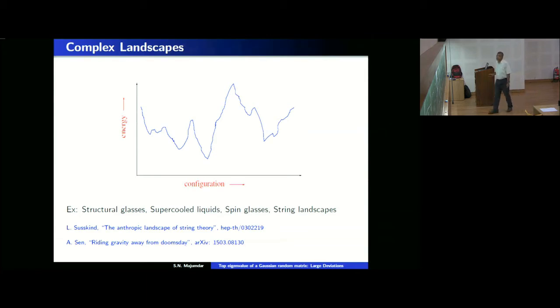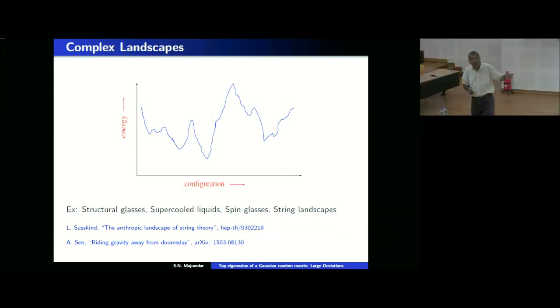In the context of string theory, this configuration space is what is called the moduli space. So you have different constants and coupling constants, for example the gravitational constant and so on. One of the questions the string theorists were interested in is this: imagine this complicated coupling space, you have again a landscape, and our universe is sitting somewhere.